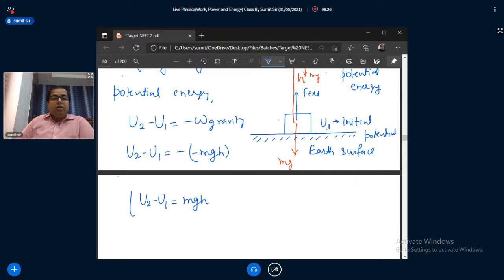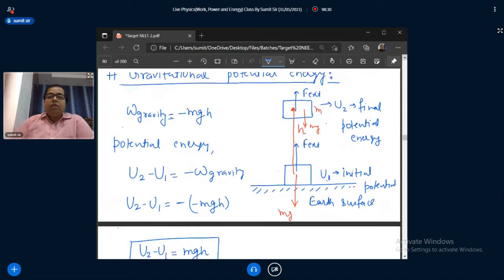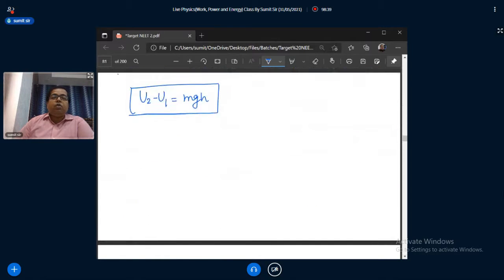mgh. Now understand, when the block is lifted from the surface to some height h, the change in potential is U2. If I assume U1 is equal to 0, then U2 is equal to U is equal to mgh.